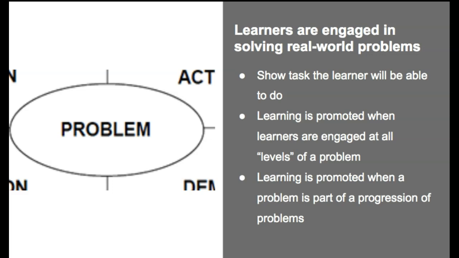And the other point he made around the notion of a problem is that learning is promoted when the problem is part of a progression of problems. To master a complex problem, you first start with a less complex problem, and when that is done, you move on to a more complex problem, and through a progression of more and more complex problems, students improve until they're able to solve very complex problems.